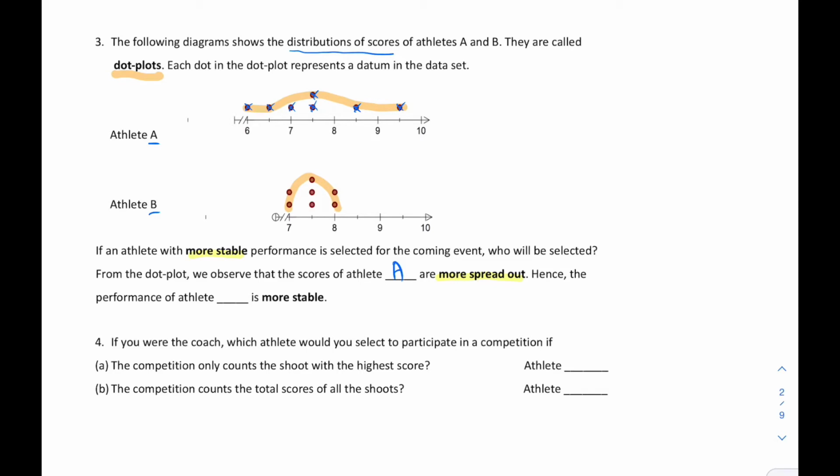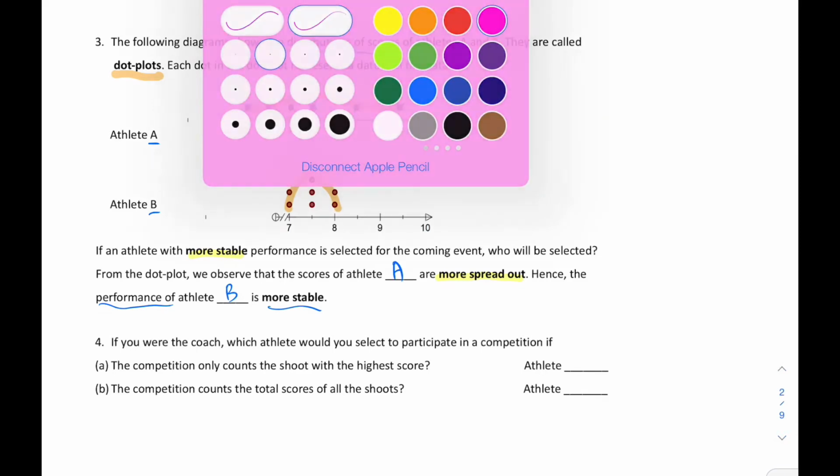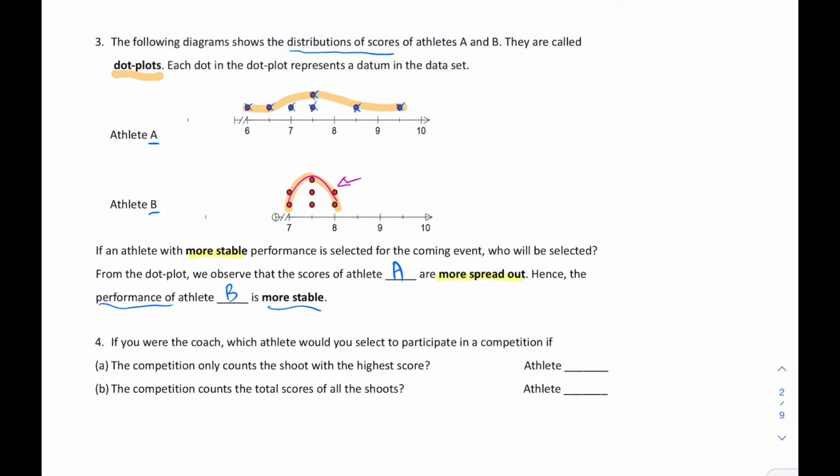So here we can say that athlete B's performance is more stable as the distribution of the scores is more concentrated. We will say the data sets are more concentrated or spread out.